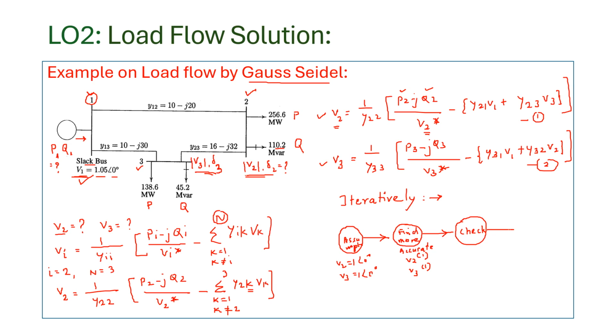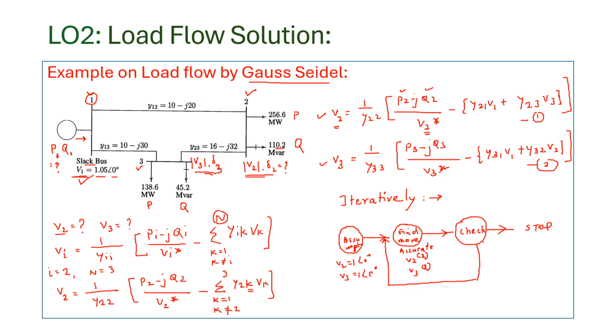If the check is okay, if the values we have calculated are the accurate or final values, then we can stop, or else we have to repeat this calculation. Again you go back over here and find a more accurate value, that is the second iterative value, and again check.